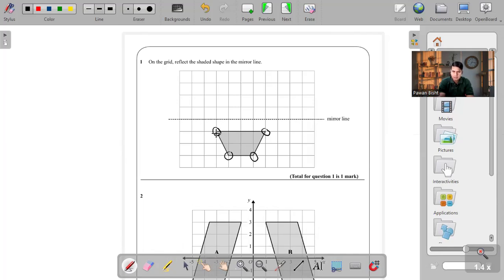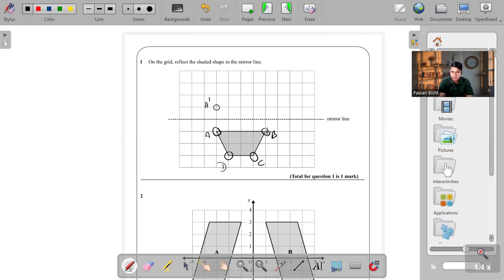Let me name this ABCD. Now the coordinate A is at 1 unit below the mirror line, so the mirror image that will be formed will be one unit above this mirror line.